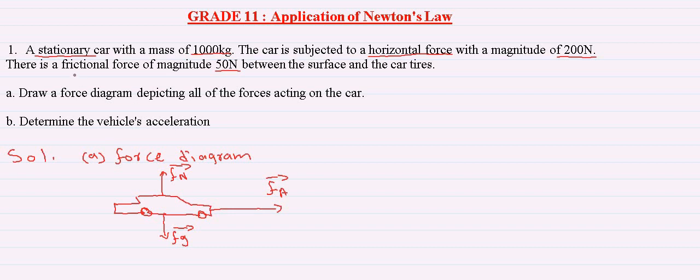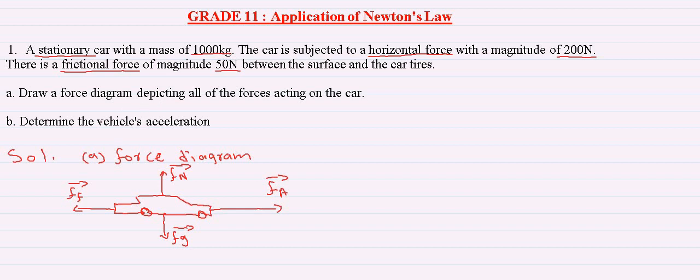They said again there is a frictional force of magnitude 50 Newton. We know that frictional force acts in the opposite direction to the applied force, meaning we are going to have our frictional force going to the left, not to the right. I hope that's clear. So this is how to draw our force diagram.